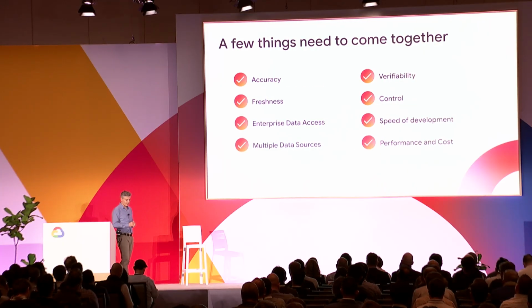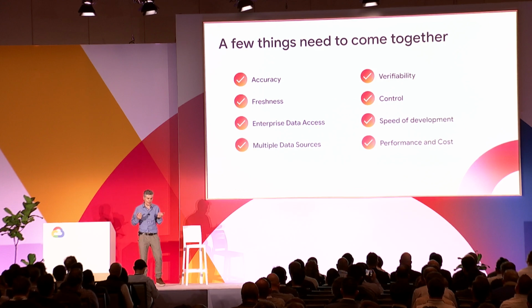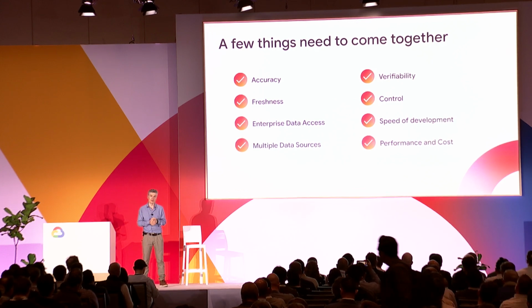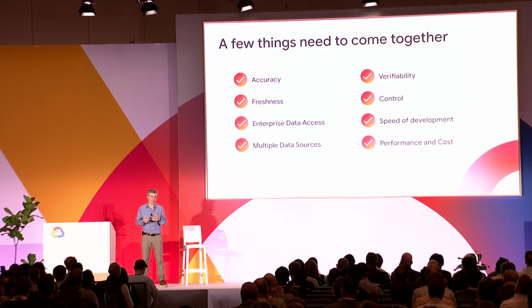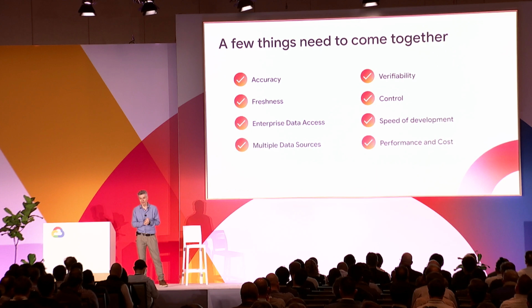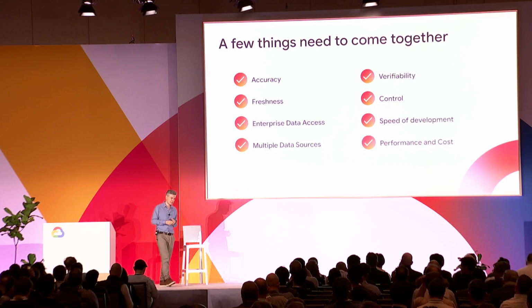And a few things have to come together really for moving from a very promising Gen AI prototype to an application that can actually work in an enterprise setting. And a big part of this is grounding.